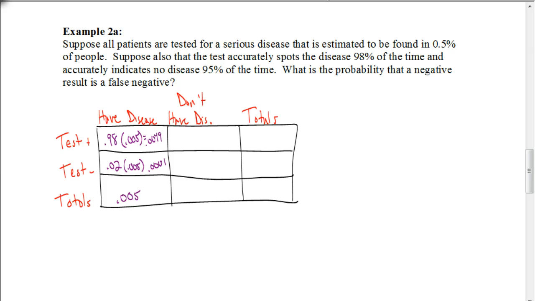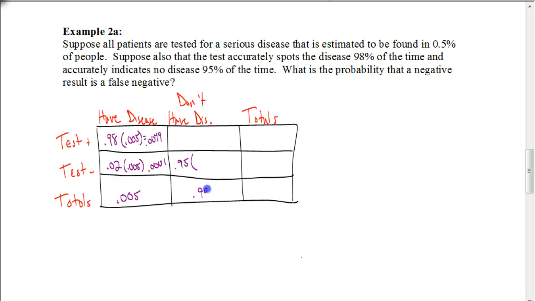Now, let's read on. It says it's going to accurately indicate no disease 95% of the time. So that means 95% of the time this test is going to accurately tell us that they don't have the disease. But now remember, this disease is only found in 0.5% of people. So that means 99.5% of people don't have it.